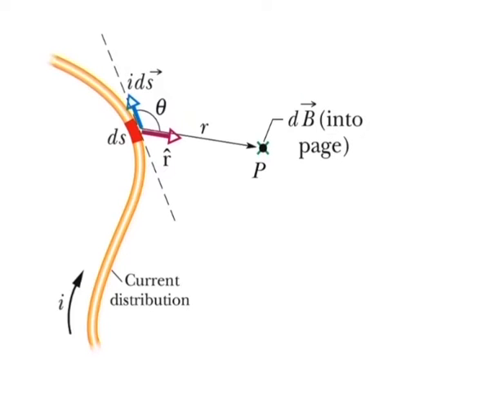From experiment, we find that magnetic fields, like electric fields, can be superimposed to find a net field. Thus, we can calculate the net magnetic field at P by summing via integration the contributions of differential elements of magnetic field from all the current length elements.